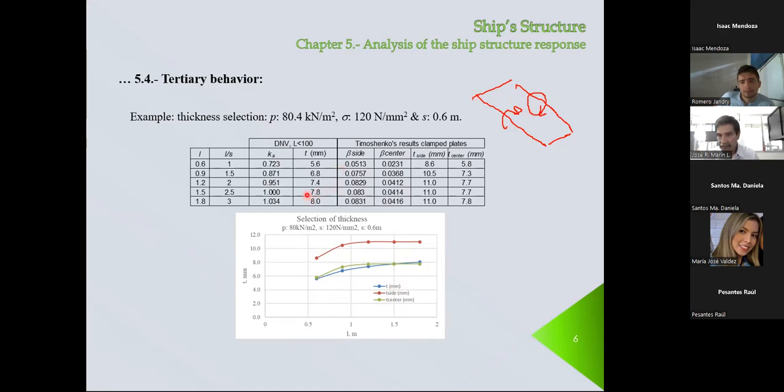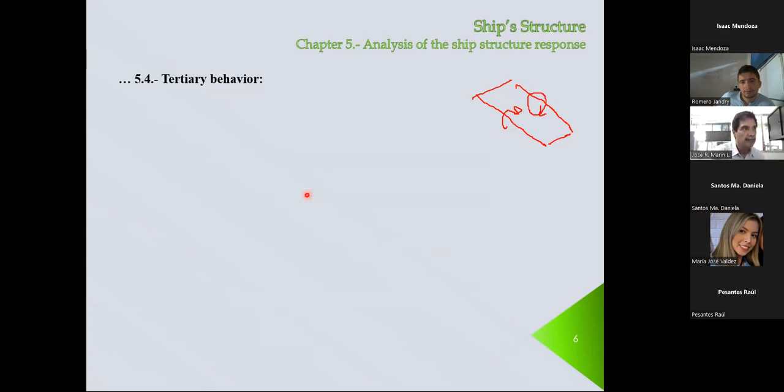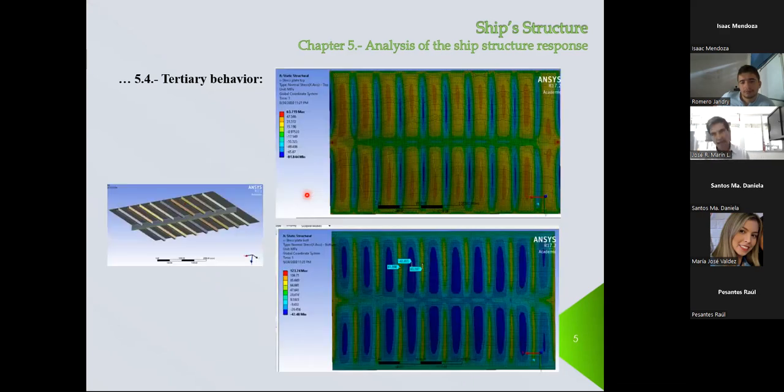My analysis is that with these equations, we cannot consider that the four sides of the plate are clamped, because the stiffeners deflect and they rotate. Especially they rotate.